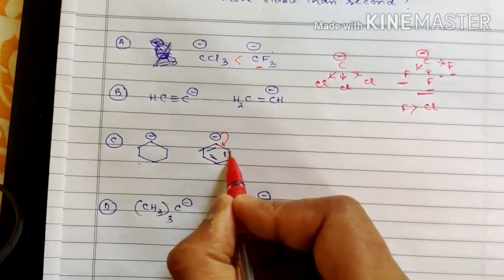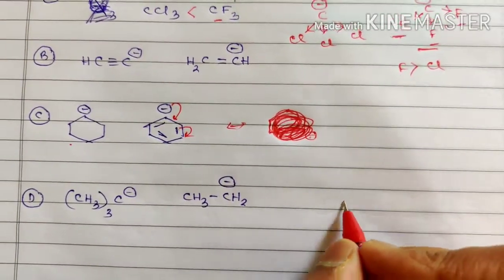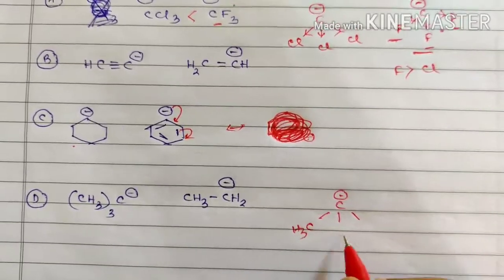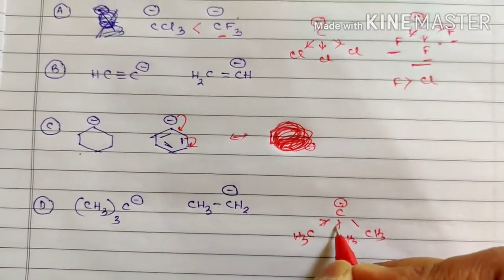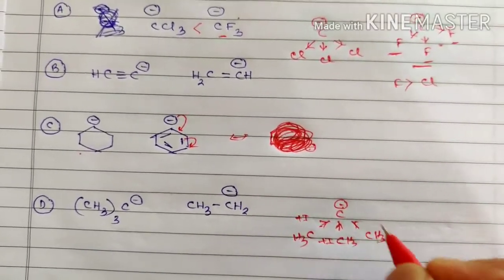If we see option C, here also the negative charge will be easily delocalized. And in the third case, the 3 CH3 groups are attached to a carbon which is negatively charged, that means 3 of them will donate the plus I effect, the electrons will go.